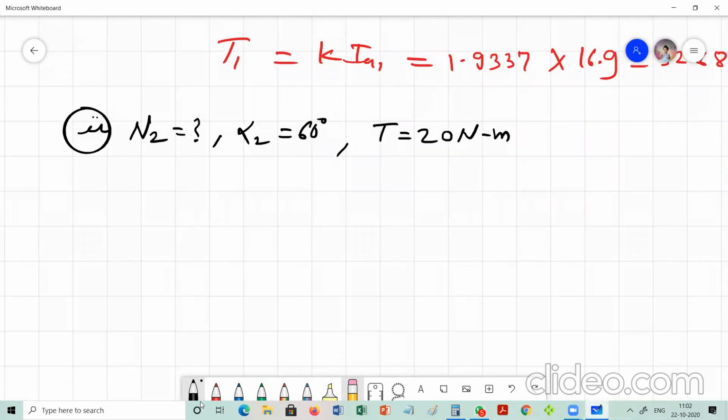To solve such problems, always remember which quantity they are asking for, and to calculate that quantity, which formula we have to use. So for calculation of speed, we always go for ratios.